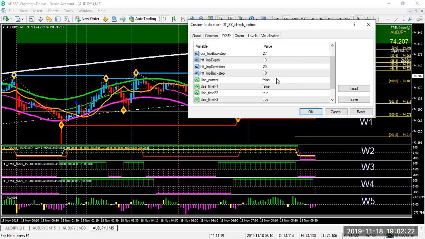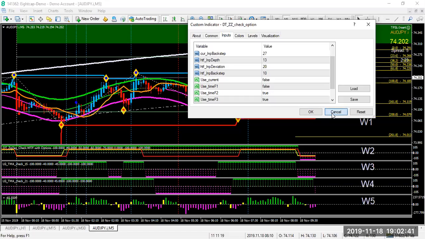For the 15, I have the same setting, because if we go 3 time frames higher, then it's the H4, so it's still within intraday trading.